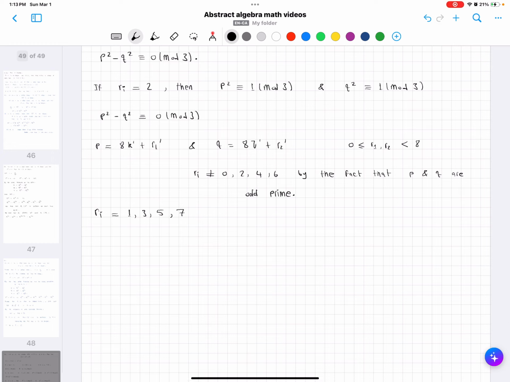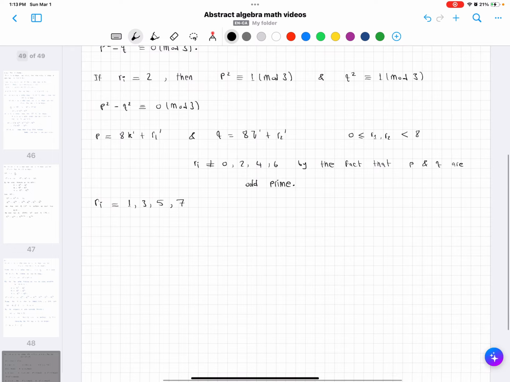Let's pick them one by one and see what happens to P squared and Q squared.